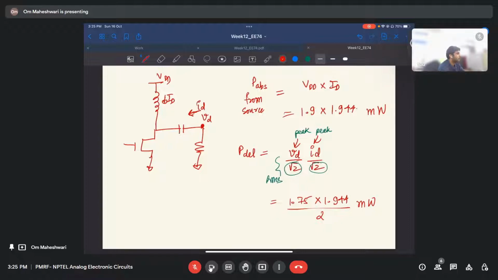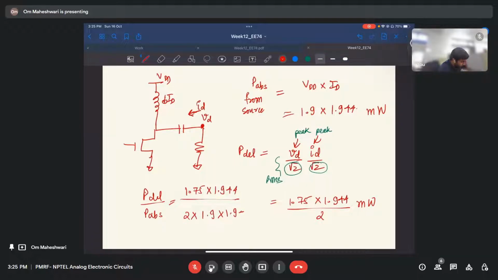So if we take the ratio power delivered to power absorbed, P del by P abs equals 1.75 into 1.944 by 2, divided by 1.9 into 1.944. The 1.944 cancels, so it will be 1.75 divided by 2 into 1.9. It will be 0.46, it is 46%.